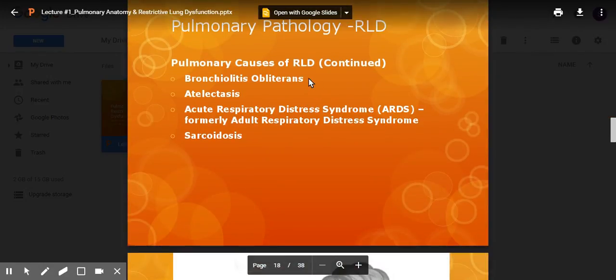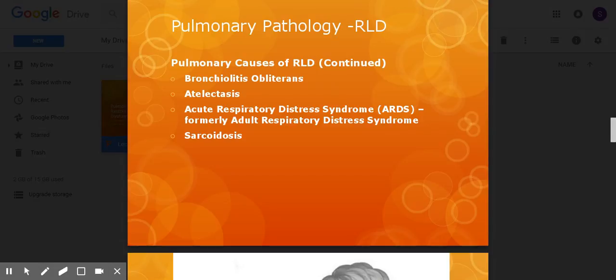Okay. Bronchiolitis obliterans is a fibrotic lung disease attacking the small airways and causing necrosis of the respiratory epithelium. There is now some thought that RSV infection in children may trigger it, and other infectious agents in adults, and or exposure to toxic fumes can also result in this.